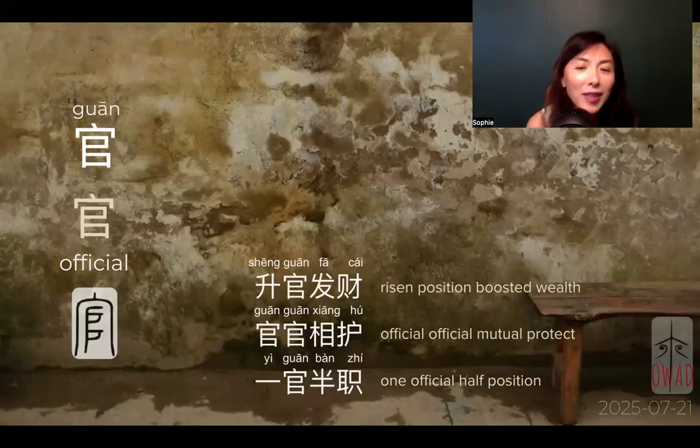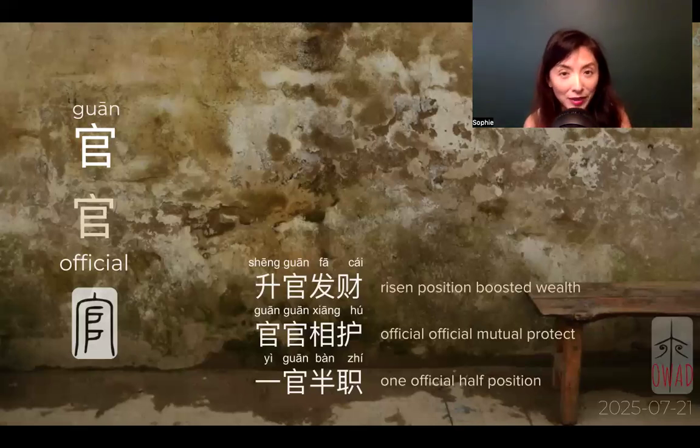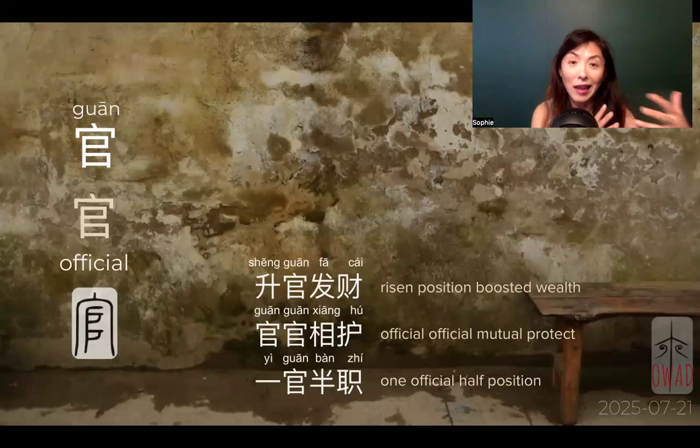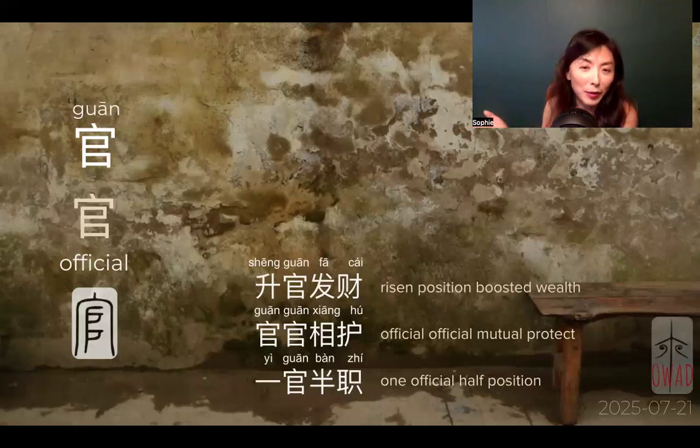Okay. 官官相护 talks about a phenomenon of government officials and officials mutually protecting themselves. If we understand a little bit about how bureaucracy works, especially in the past, where this language came from, it's easy to imagine a world where government officials form a certain alliance among them so that one would cover the other person's ass, right?